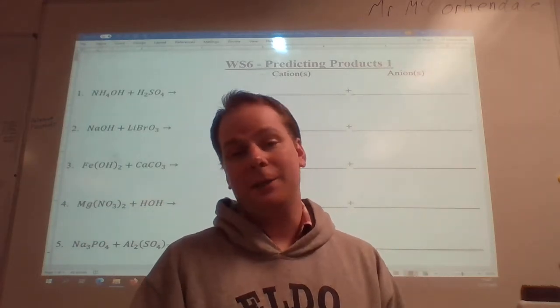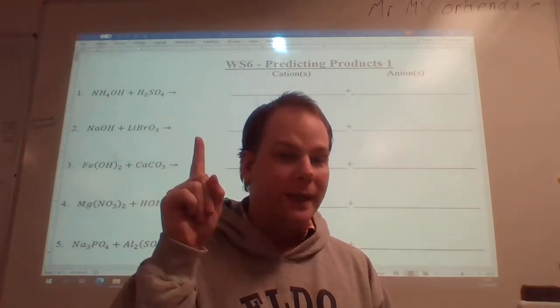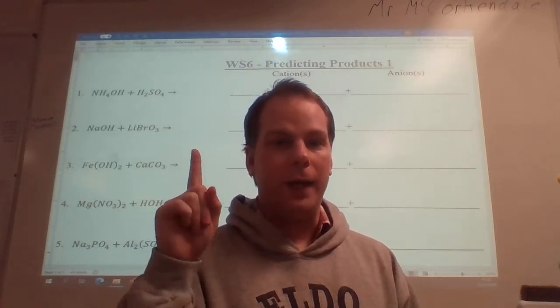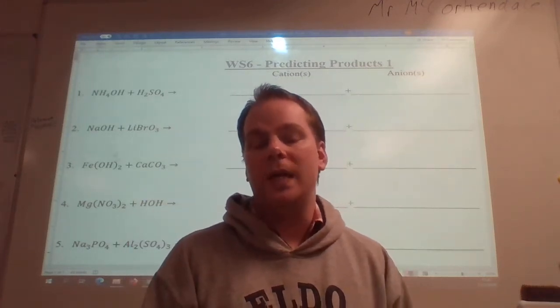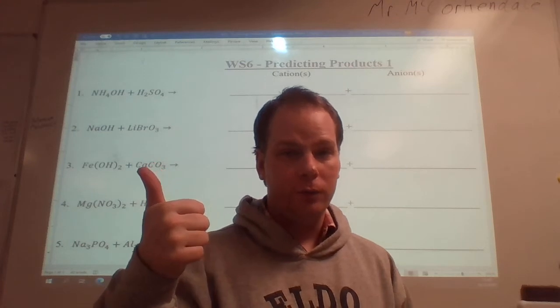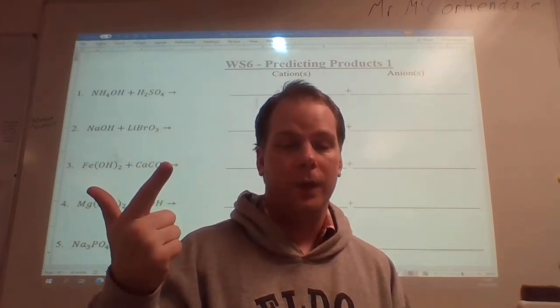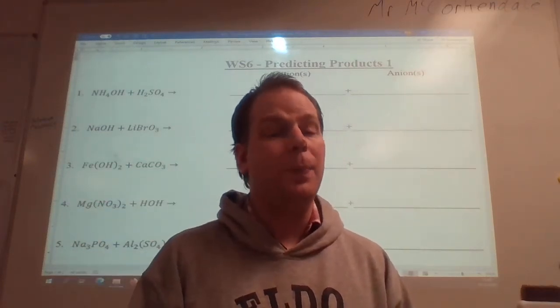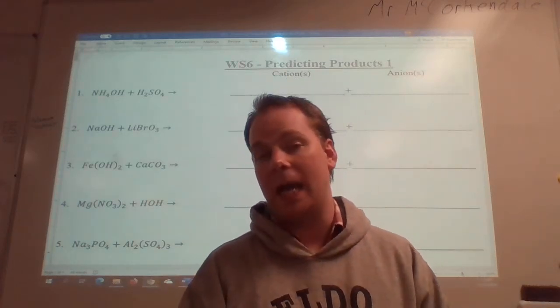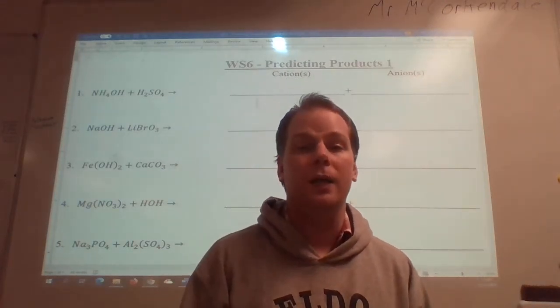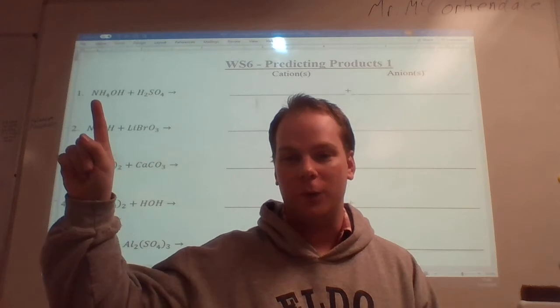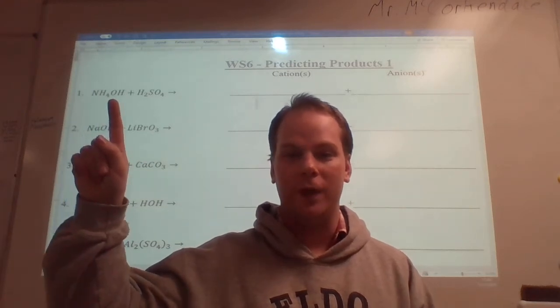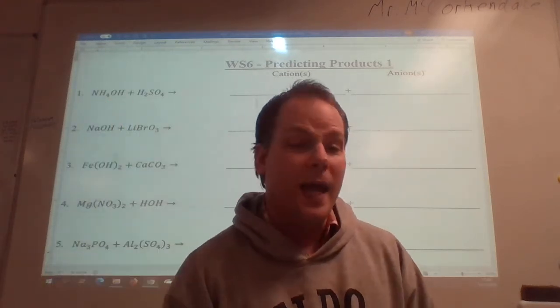The cation is almost always one element. Okay, and that one element is going to be either hydrogen or a metal. Now, it is possible to have a polyatomic ion as a cation. There is only one polyatomic cation, and that is this one right here in our first example, ammonium.